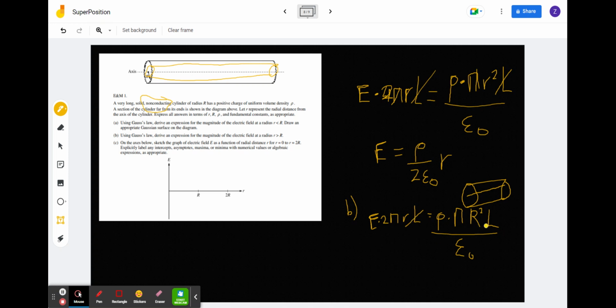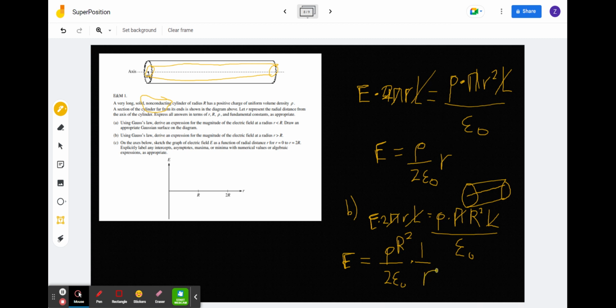So cancel out, cancel out, cancel out, cancel out. And what we're left with is E is equal to rho big R squared over 2 epsilon naught times 1 over r.